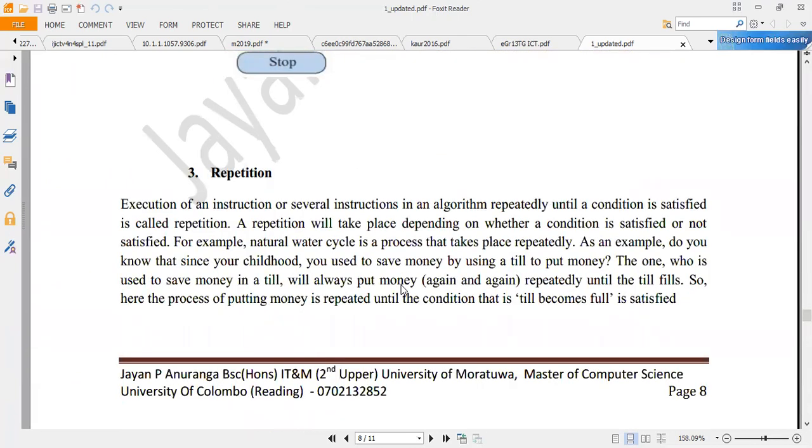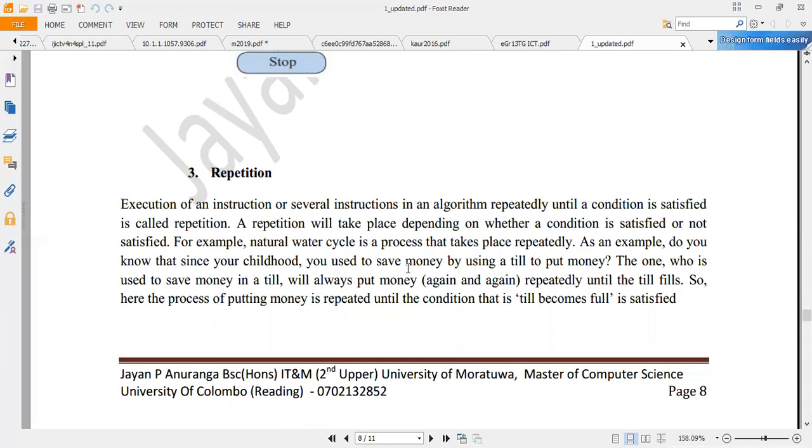The third one is repetition. Execution of an instruction or several instructions in an algorithm repeatedly until the condition is satisfied is called repetition. A repetition will take place depending on whether a condition is satisfied or not satisfied. For example, the natural water cycle is a process that takes place repeatedly.